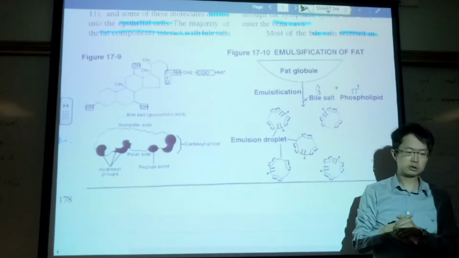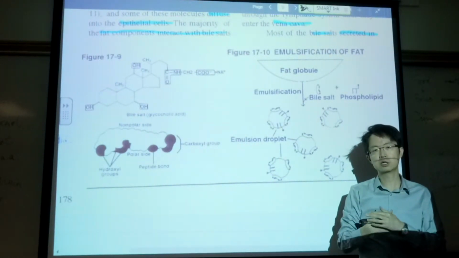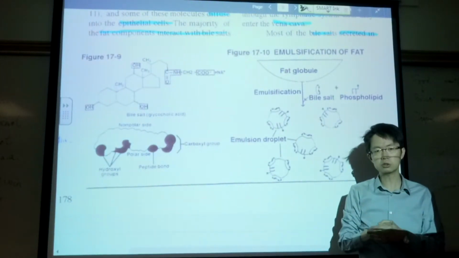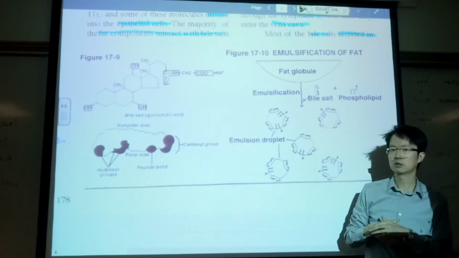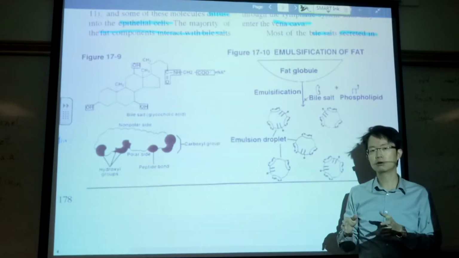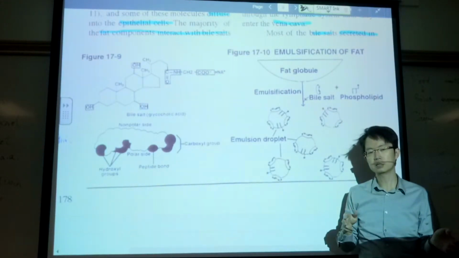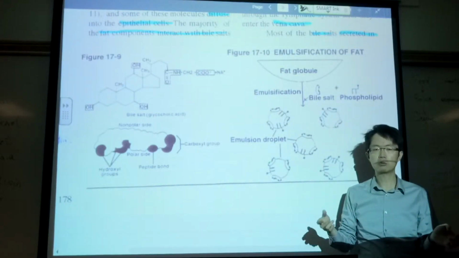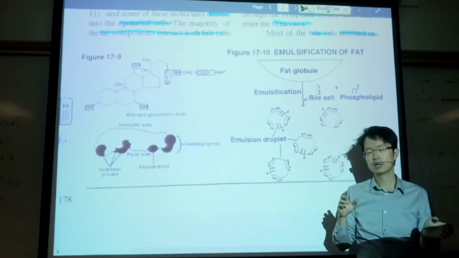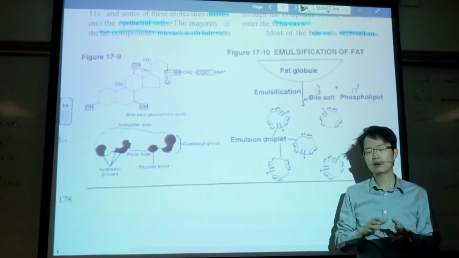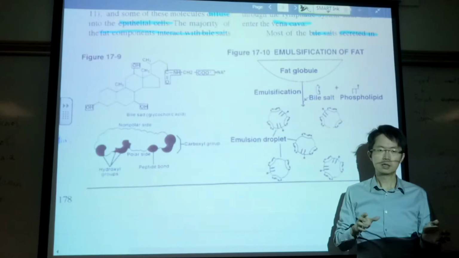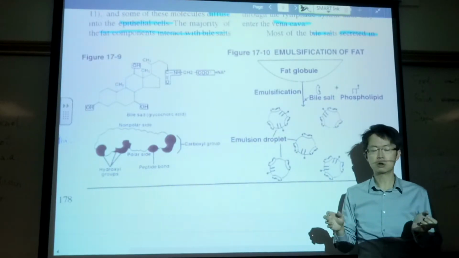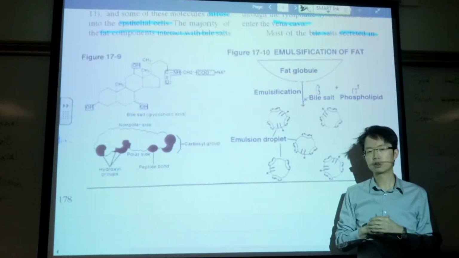It is exactly the same mechanism as your dishwashing detergent. The detergent is also amphipathic, so one end holds the oil on your plate, the other end holds the running water from your tap, so that when you rinse your plate, the detergent can pull the oil away from your plate.